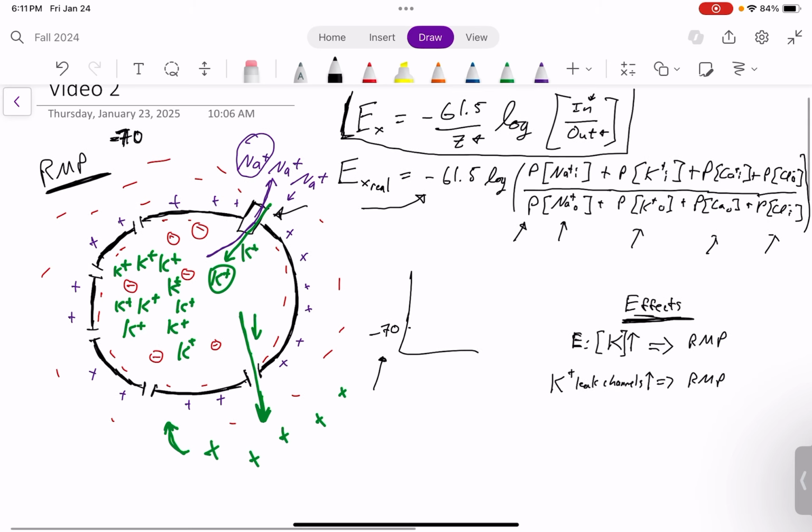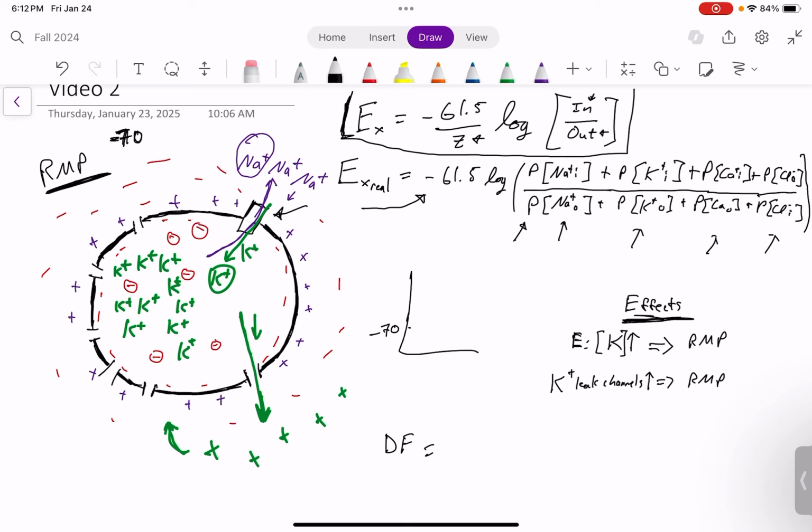Now, another formula that we can use to calculate how potassium and how sodium will move is driving force. Now, this is important because if we open a new leak channel, this will change the amount of potassium that is able to leave the cell, thus influencing the rate of diffusion of potassium.